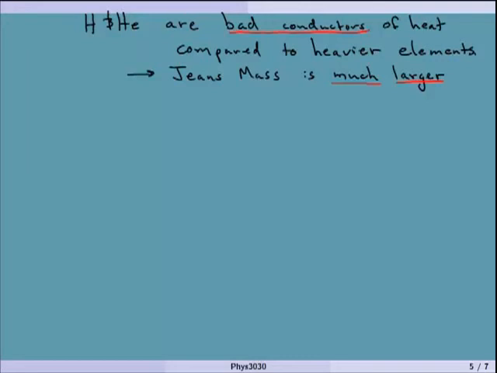This means that if I go to a computer and simulate with the Jeans mass what a population 3 star would look like, they range anywhere from 30 times the mass of the sun to 500 times the mass of the sun.